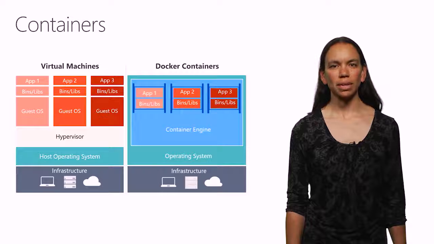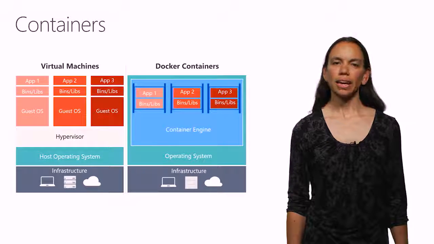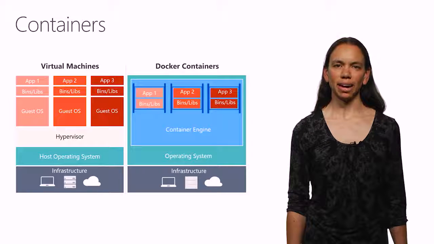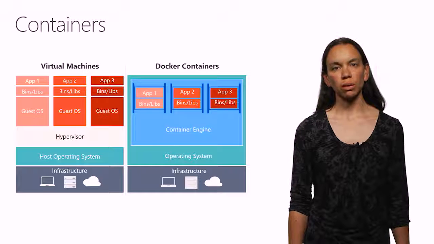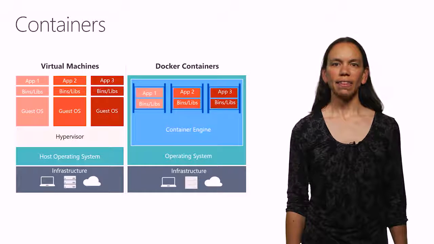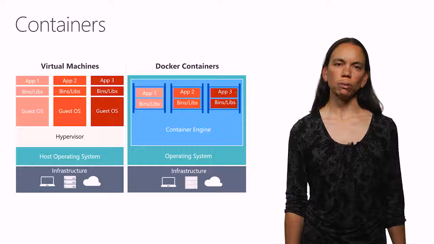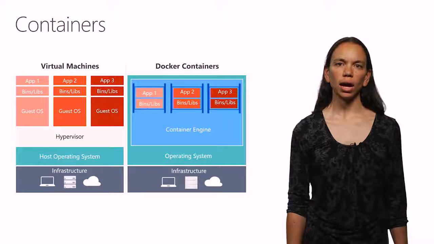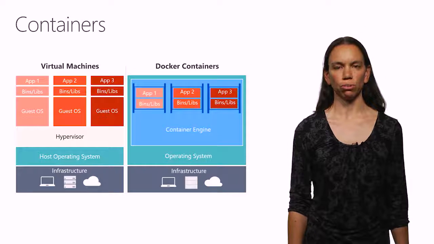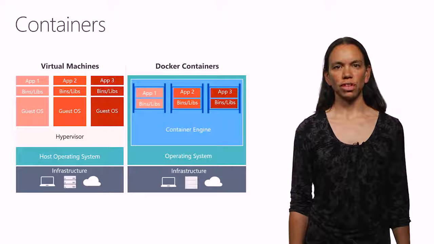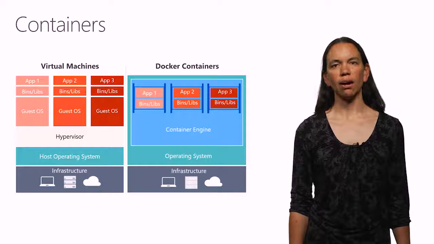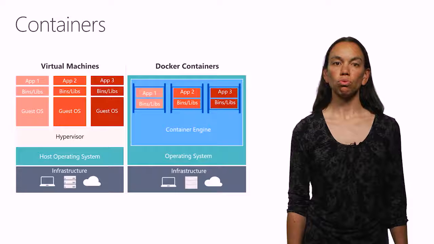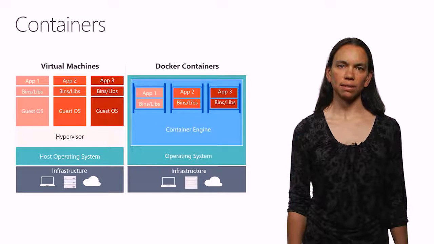If you aren't already familiar with Docker containers, let me take a minute to explain some of the basic concepts. Containers are similar to virtual machines in that they allow you to run multiple applications in their own isolated spaces on the same host machine. Virtual machines each have their own copy of their host operating system running in their own isolated space.